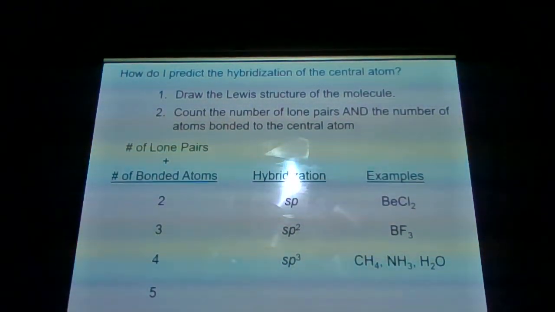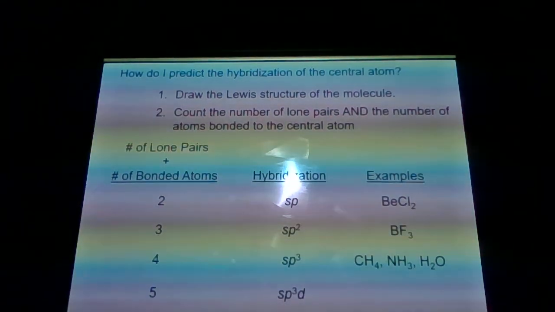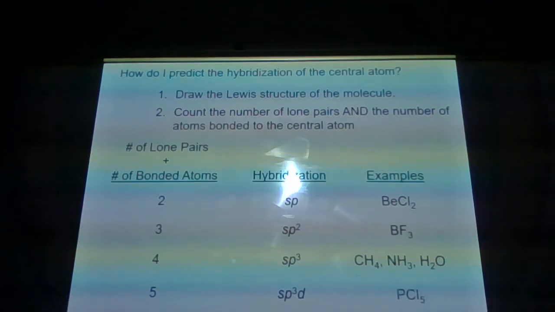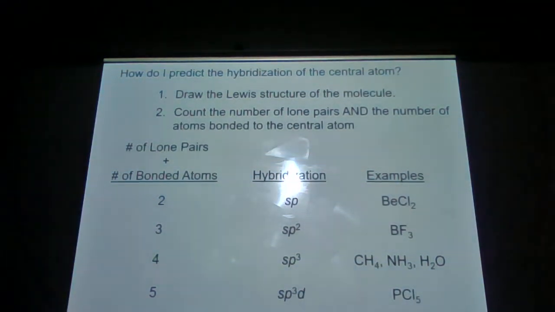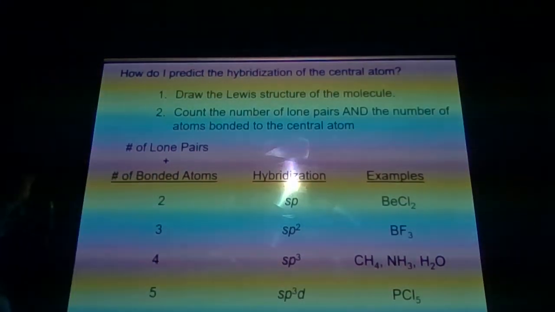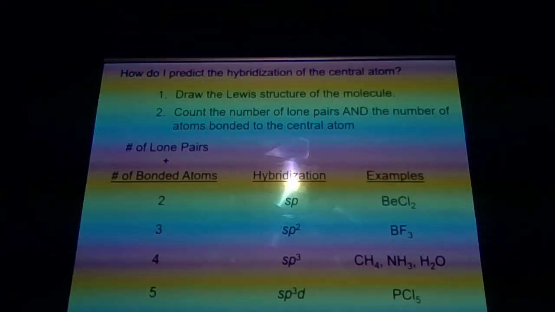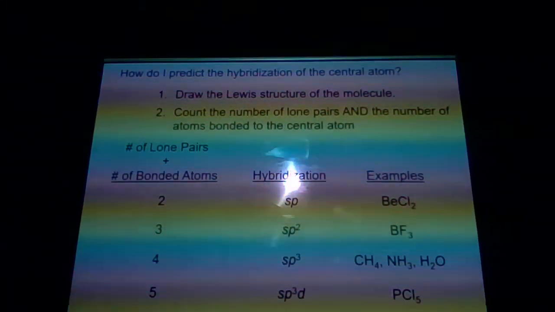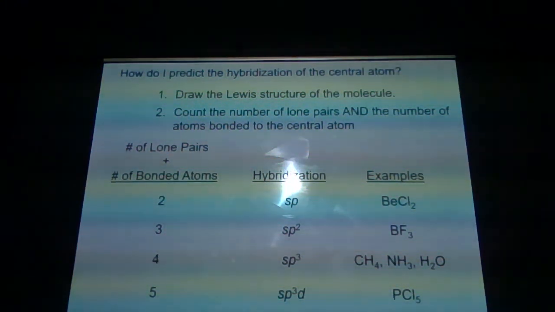If the number of lone pairs and bonded atoms is 5, you have an sp3d hybridized system, such as PCl5. The last combination is 6, where you have sp3d2. An example of this is SF6.